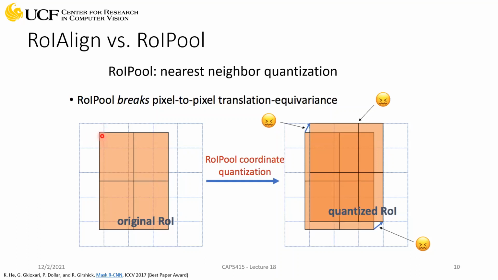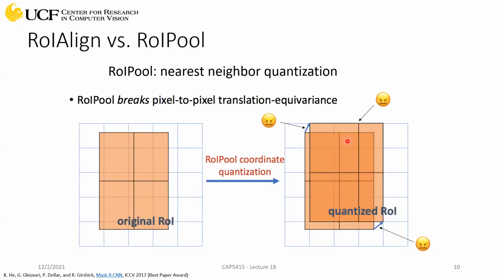That's why we try to map these corners with the corners of the feature map. In this case, we quantize, matching this corner with this one, and so we shift it. That's called quantization, and this is how ROI pooling works. We have discussed this earlier.